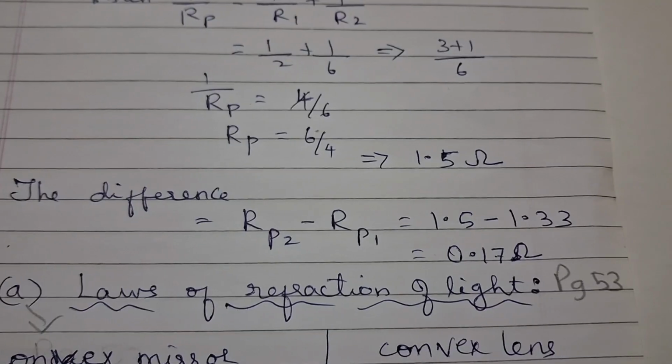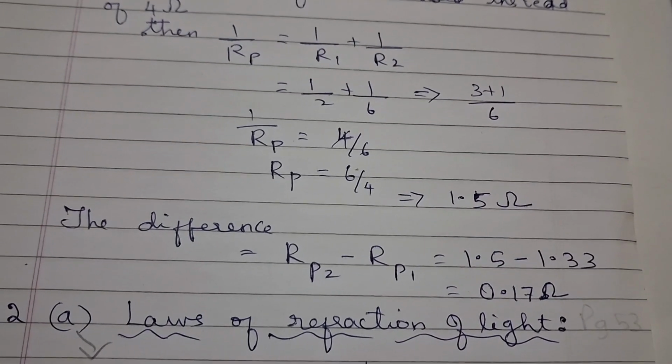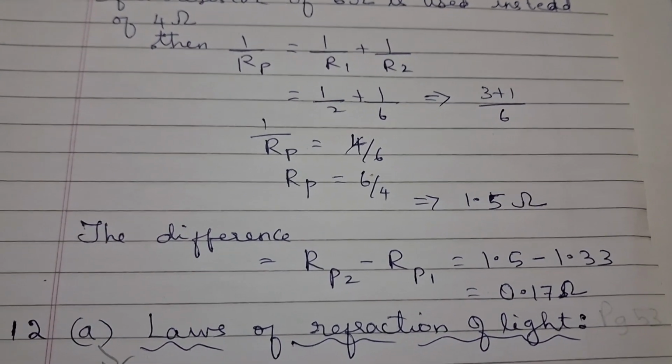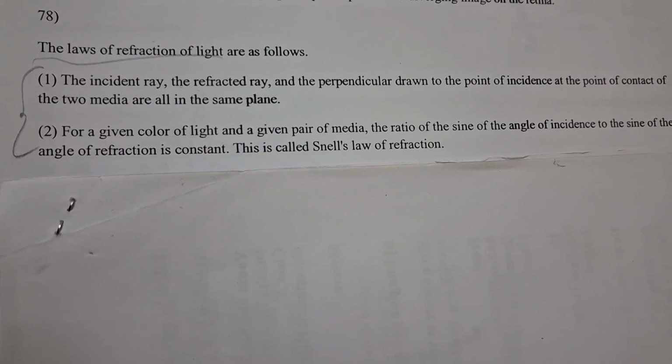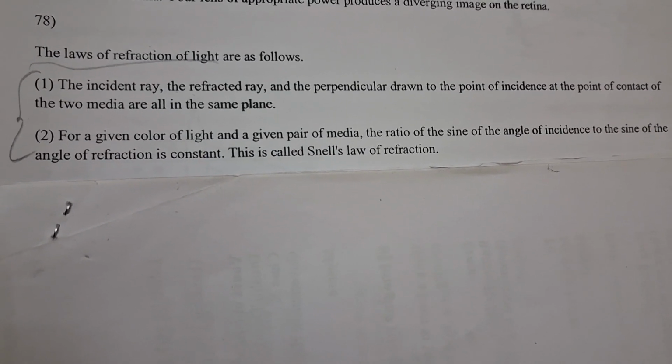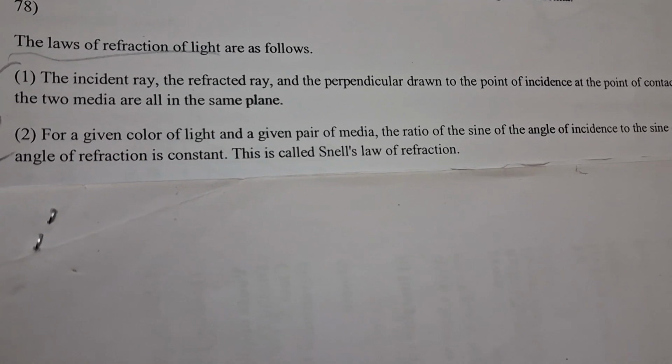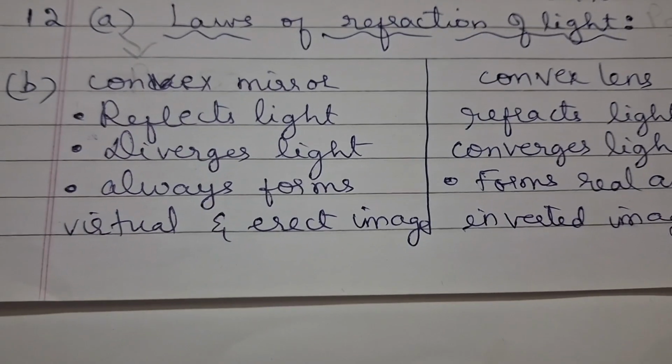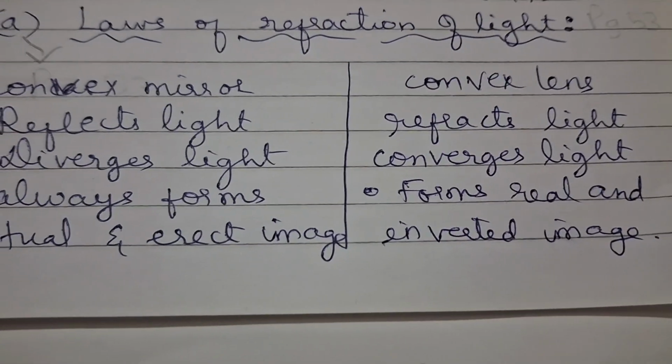Twelfth A question, laws of refraction of light. For this, the answer. Twelfth B question, convex mirror and convex lens difference.